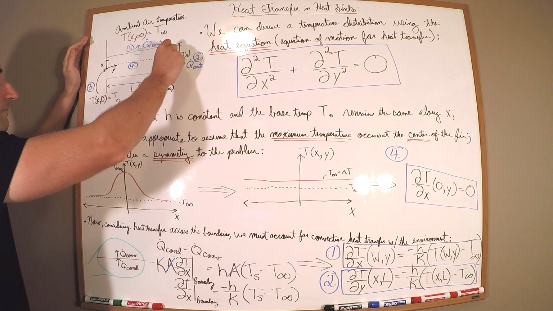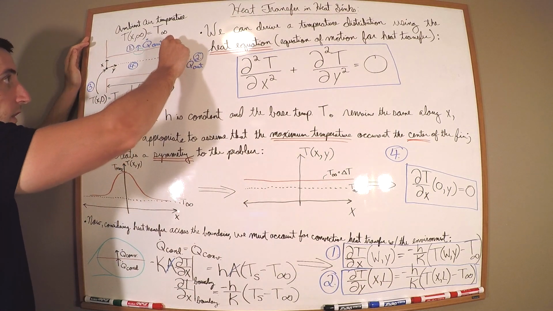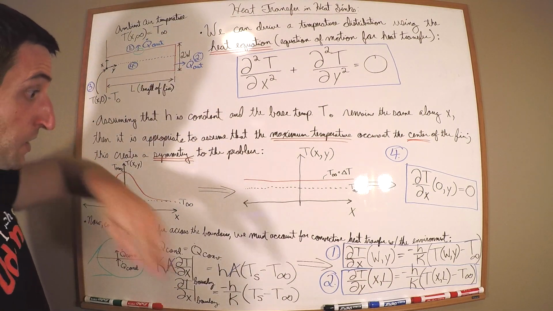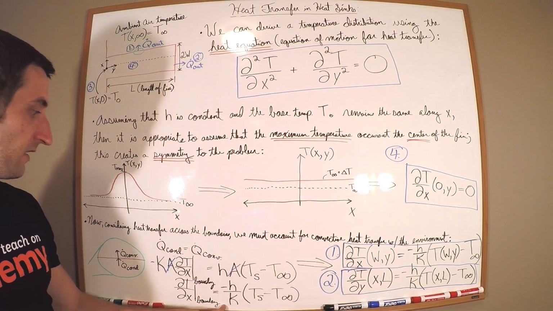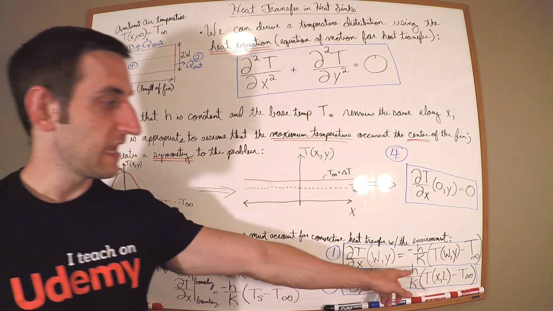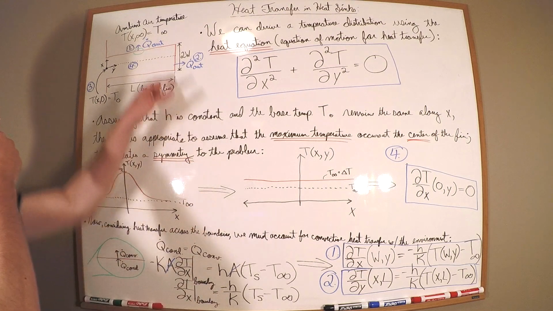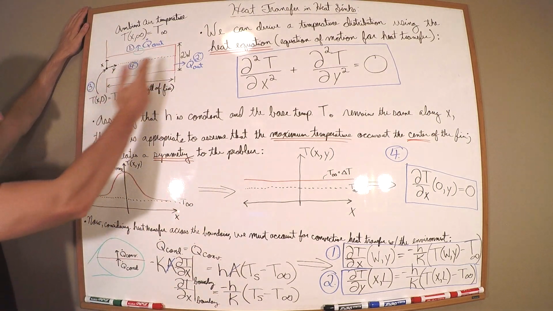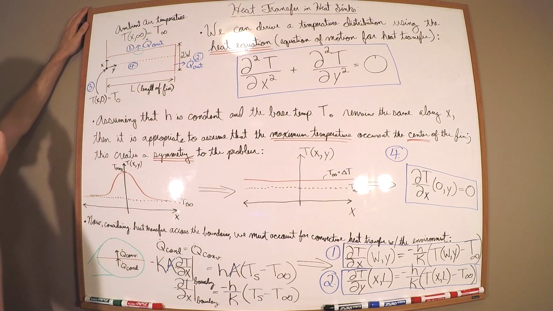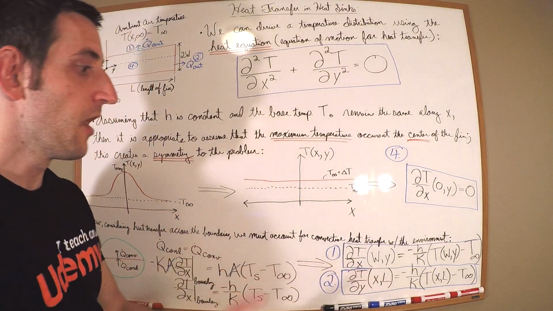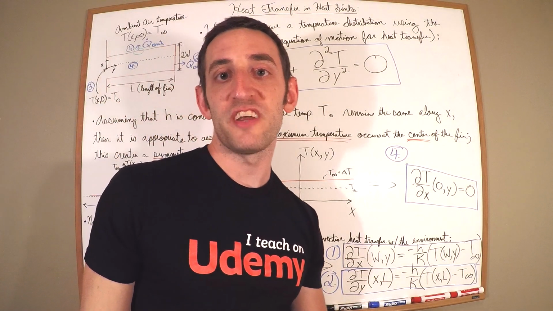And it's going to happen for all x, all along that area. Okay? So that is equal to, again, same balance, negative h over k, times the surface temperature. It's going to be at y equals L along x minus T infinity. Bam! That's the 4th boundary condition.